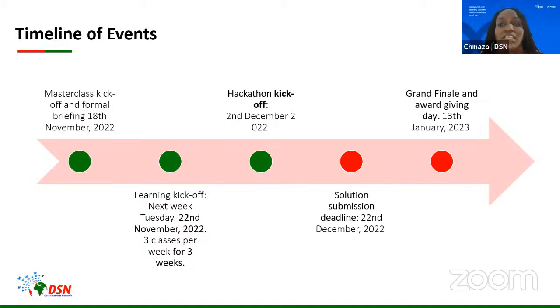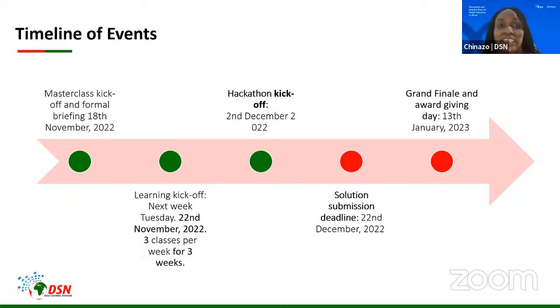Then the grand finale and award giving will take place in January. This will give us a lot of time to review all your wonderful solutions across the 4 countries, get independent reviewers to look at them, and have the semi-finalists present. All this will take place on the 13th of January.